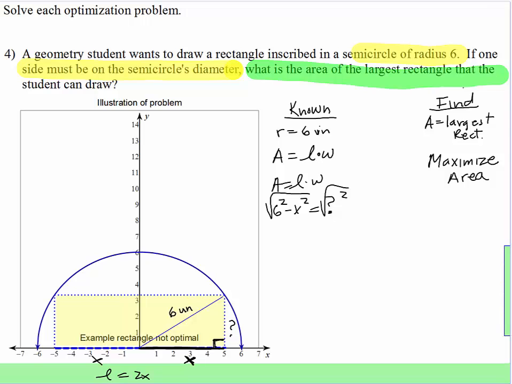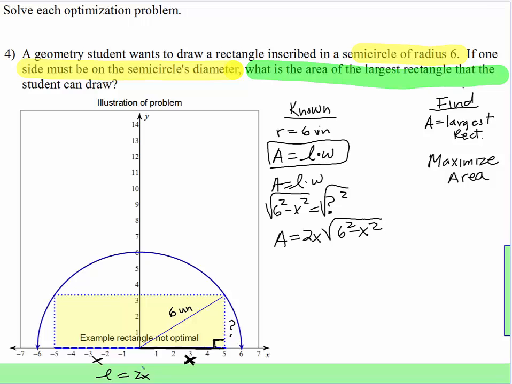So let's see what we know. If the area is length times width, and this entire length is 2x, then area is equal to 2x times the other side. And what did we decide that this side equals? Well, when you take the square root of question mark squared, it's the square root of 6 squared minus x squared.